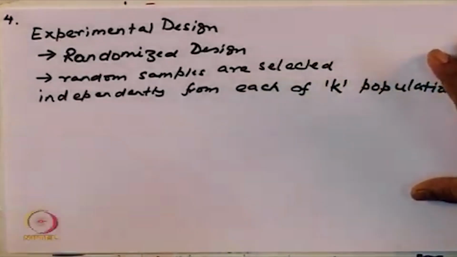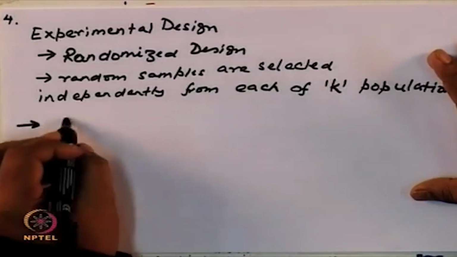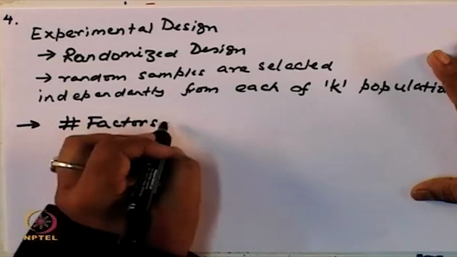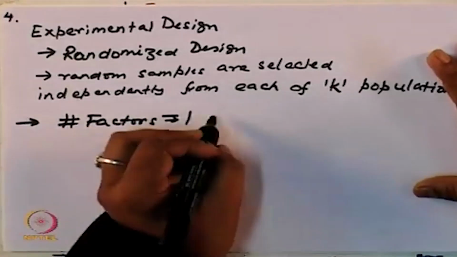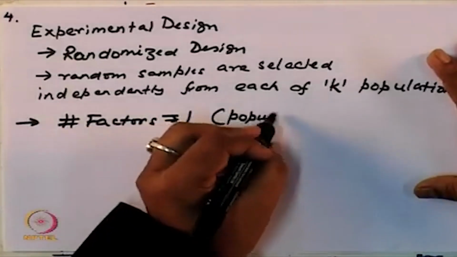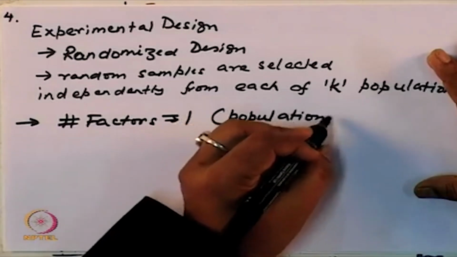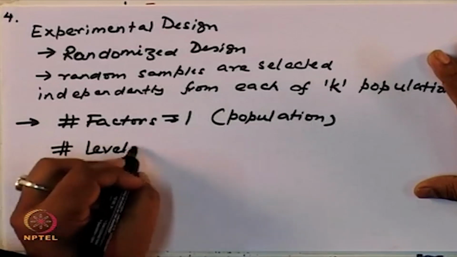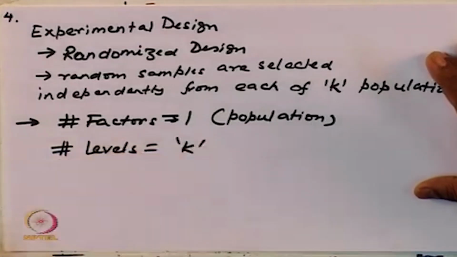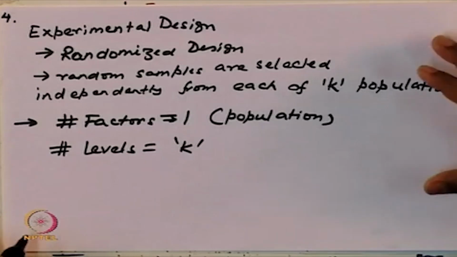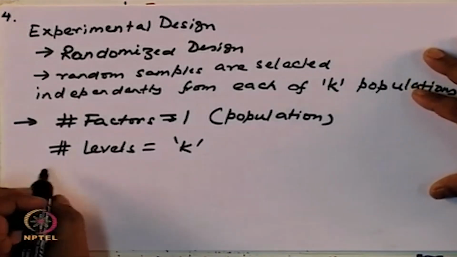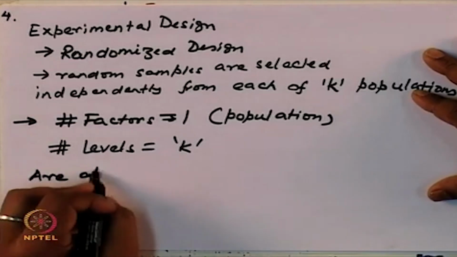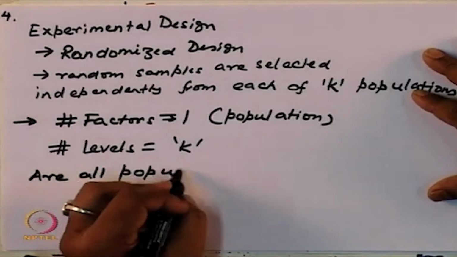In this particular case, the number of factors is equal to 1, since you just have population as your variable. But the levels of the factor is equal to k, because you have k such populations. So, you can ask the question, are all population means the same?